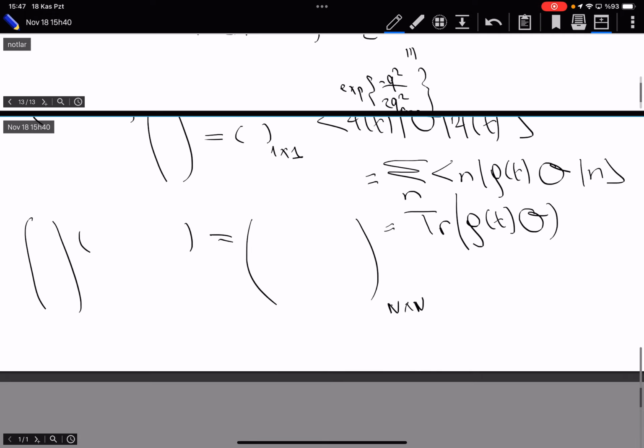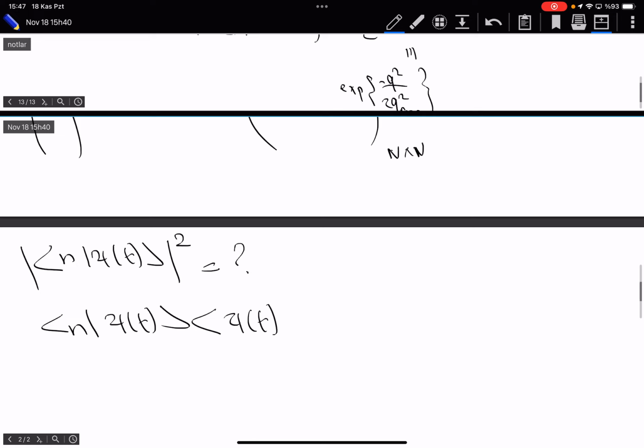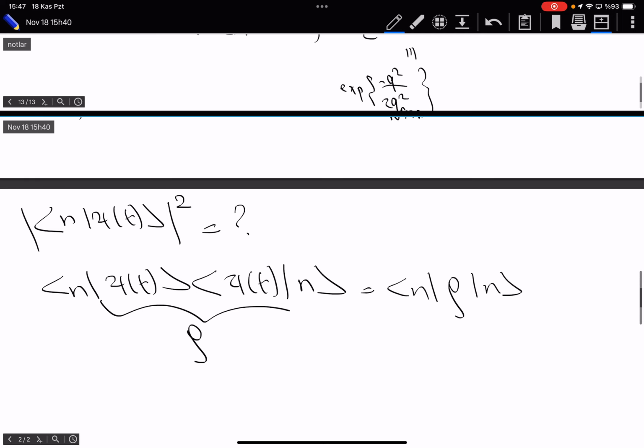You can ask, what about the probability that my system will be in the state n? Well, if you look at that probability, that is psi of t, and this is my density matrix, rho nn. So if I choose a basis of eigenstates of the Hamiltonian, the nth diagonal entry just gives me the probability that my system will be in the nth state.